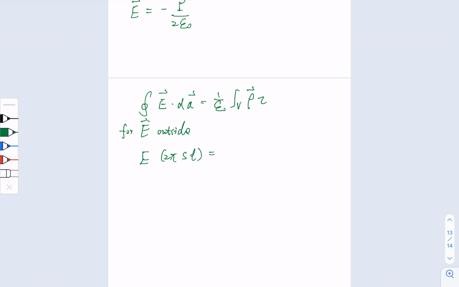So here on the left hand side is still the same, but for the right hand side, remember that we have a cutoff, and it's bounded by the side of the cylinder.